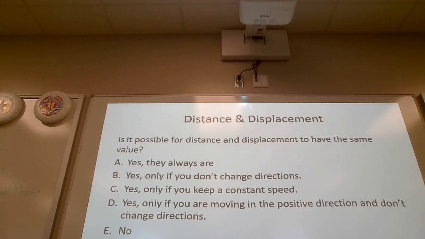So as long as the object doesn't turn around, distance and displacement are interchangeable because you made that the positive direction. Does that make sense?